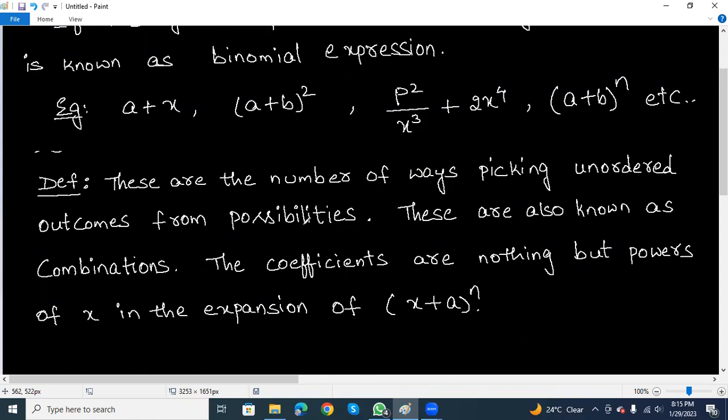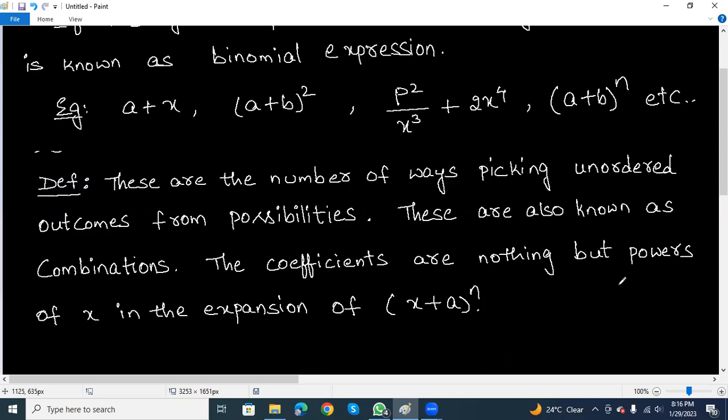Binomial coefficients are nothing but, in a set of objects, if we pick a few objects without any order or without any condition, then those outcomes are nothing but binomial coefficients. The other name for these binomial coefficients is combinations.